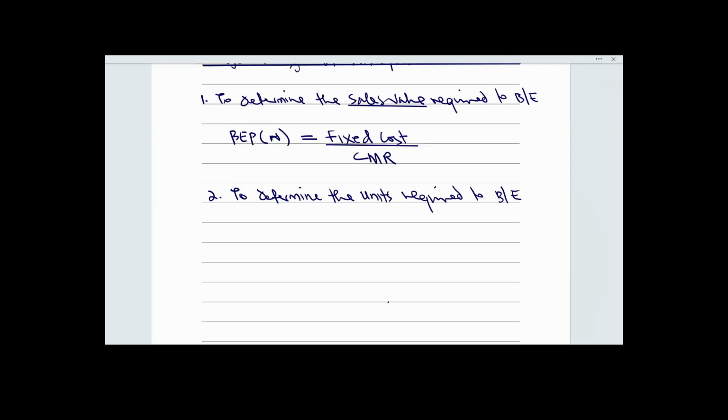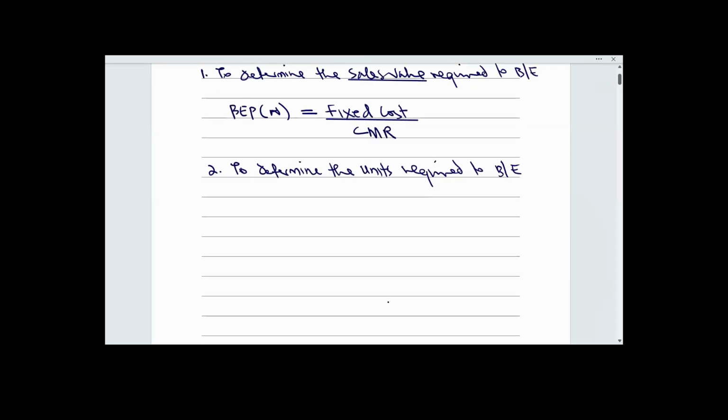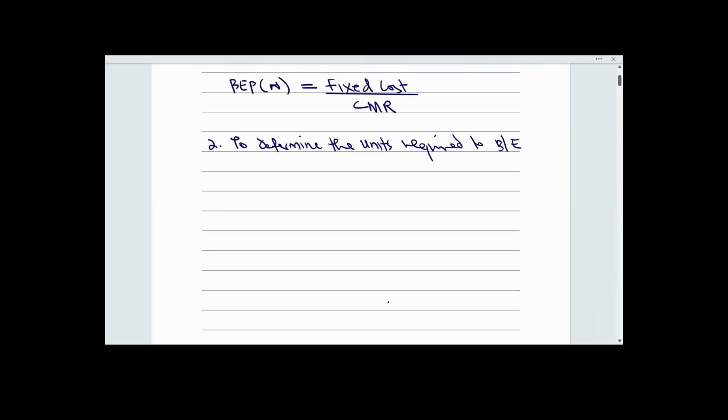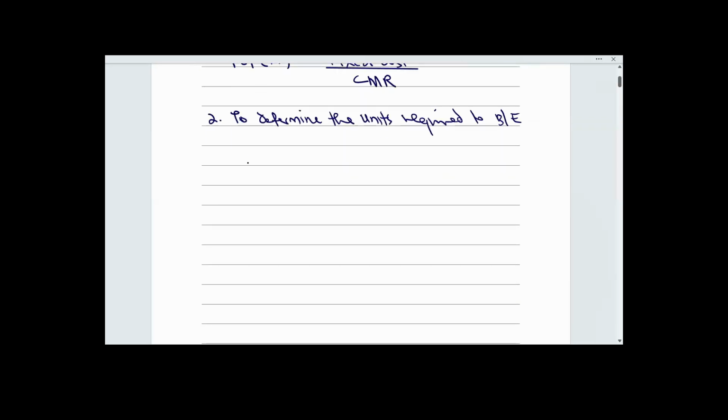You want to know how many units you are going to sell, or how many units you are going to produce for you to be able to break even. So in this case, my break-even point will be in units. This is break-even point in units, computed as fixed cost over contribution per unit.